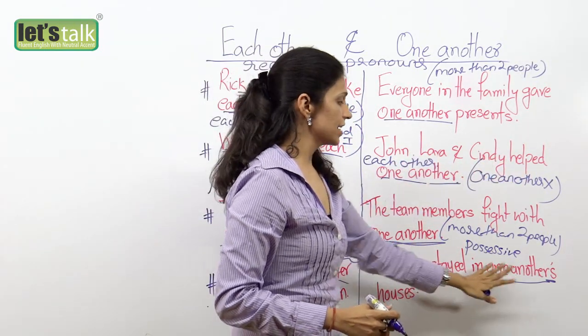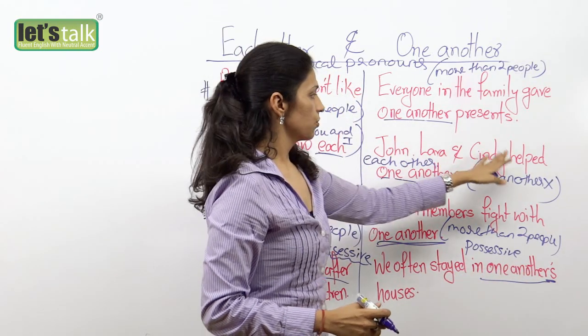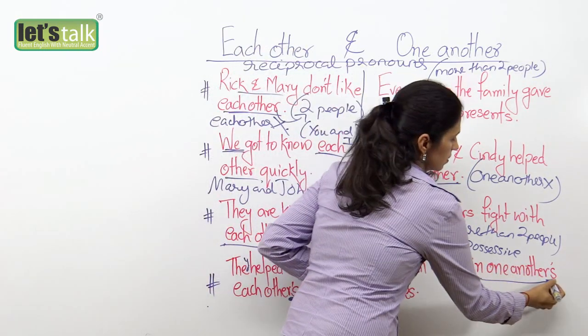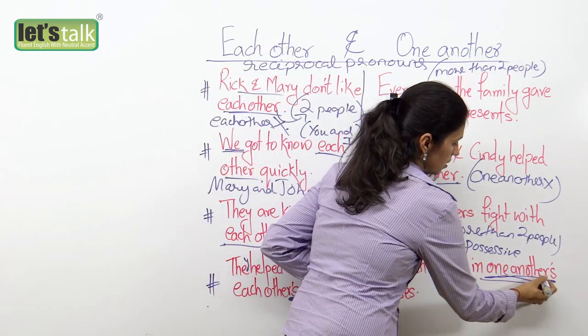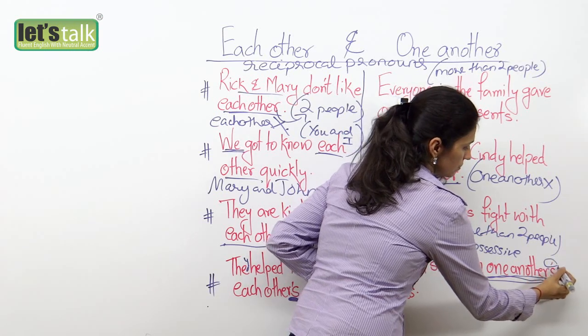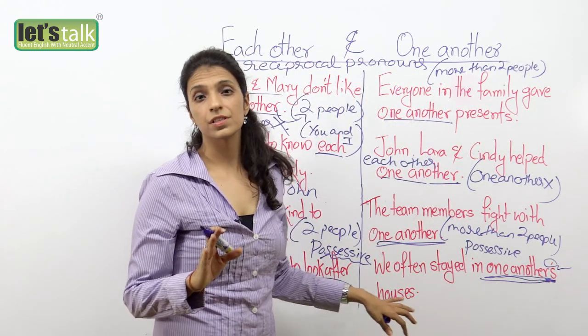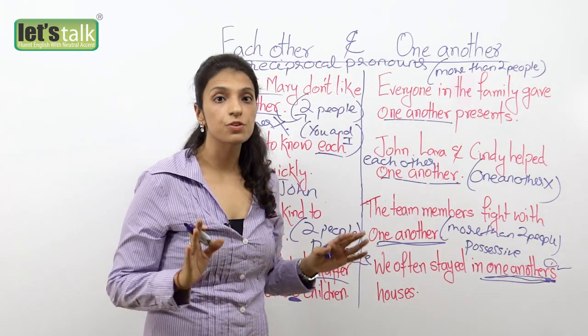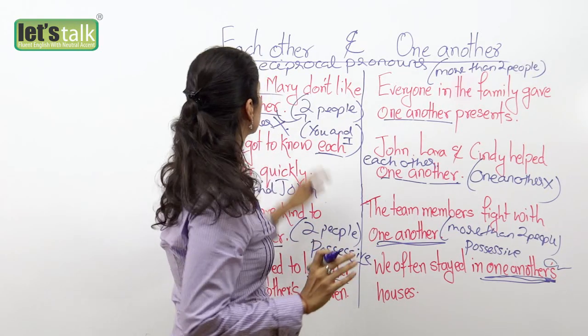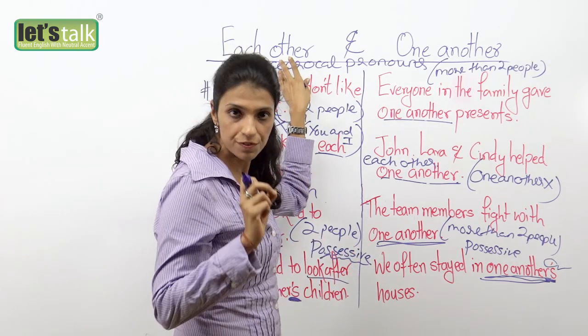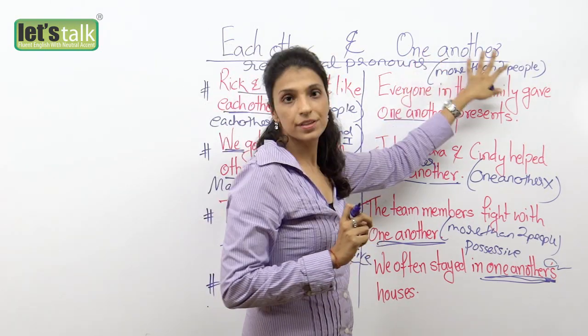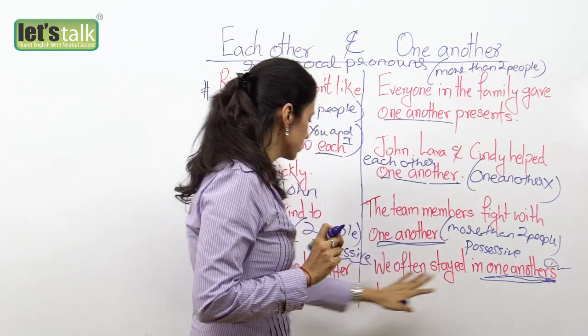They often stayed in one another's houses. So again this is possessive. Remember, the apostrophe is very important. Do not write it without an apostrophe, it would be completely wrong. So remember, we use each other with an apostrophe s, one another with an apostrophe s, like this respectively, to show possessives.